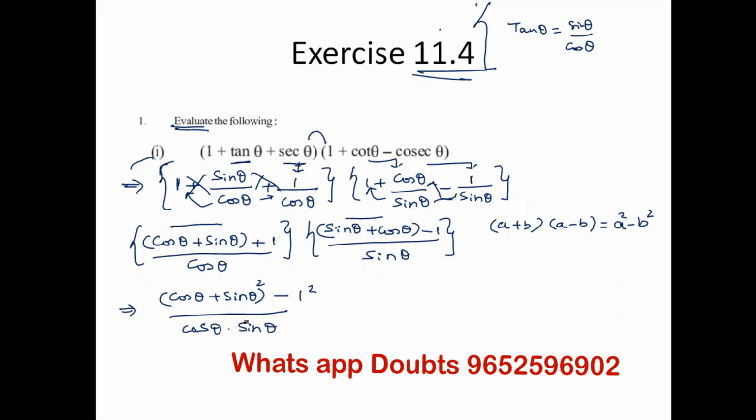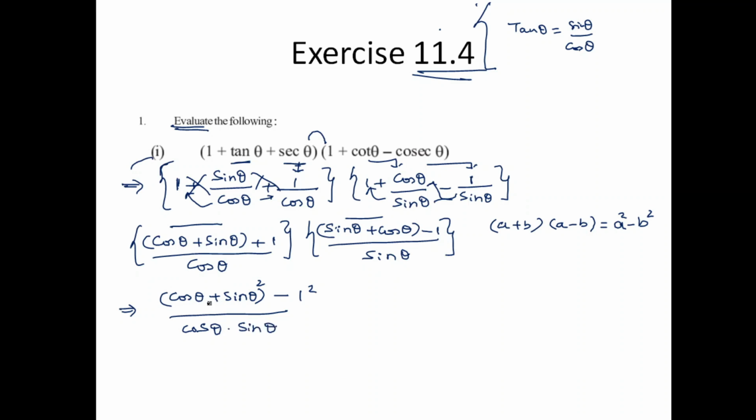Okay. So as you all know the formula of a plus b to the whole square, isn't it? So what is the formula for a plus b to the whole square? I can write it as a square plus b square plus 2 times a into b, minus 1 square, which is 1 only, right?